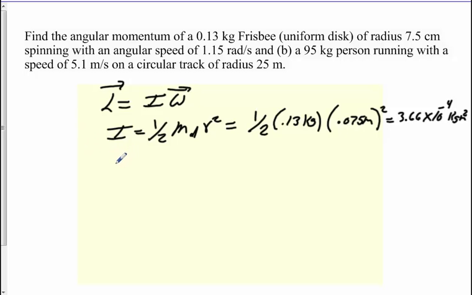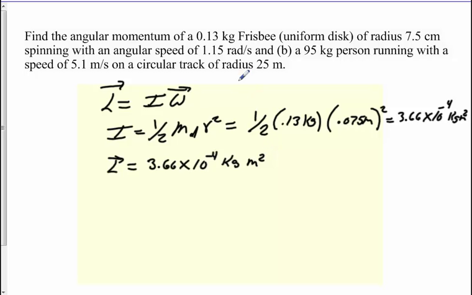So then I can go back and say that the angular momentum is going to equal 3.66 times 10 to the minus 4th kilograms meters squared.